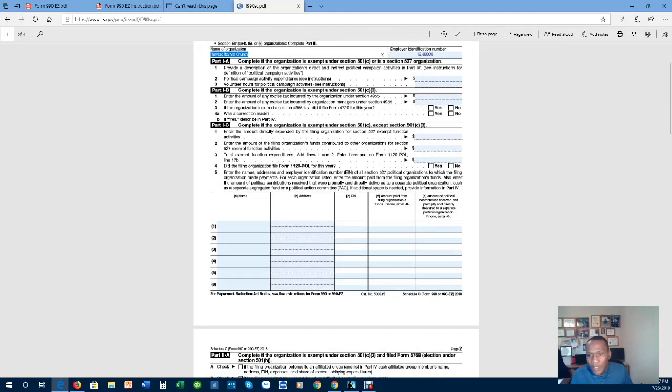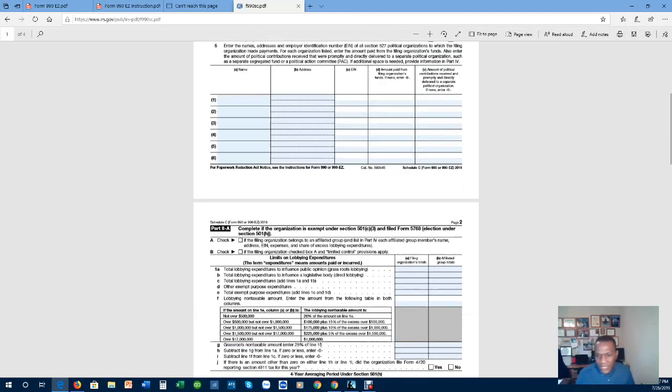And then here you will enter the name, address, and employer identification number of the Section 527 political organization to which the filing organization made payment. If you made payment to any political organization, you list their name, the address, the EIN, the amount paid, and the amount of political contributions received and promptly and directly delivered to a separate political organization.